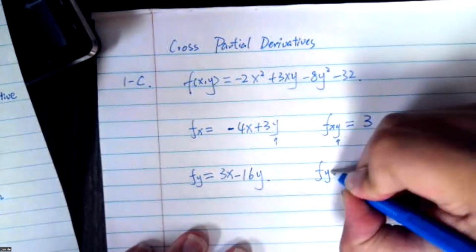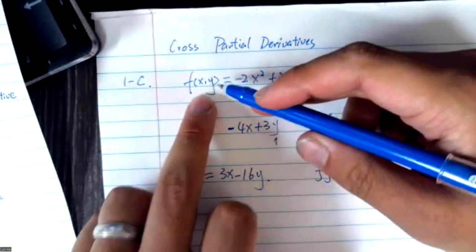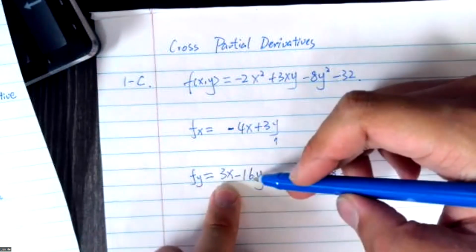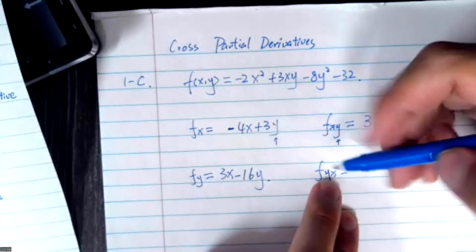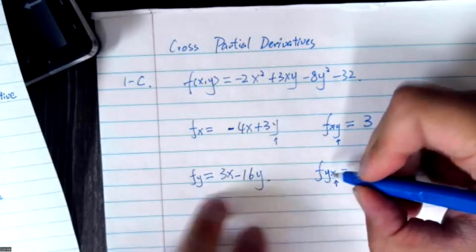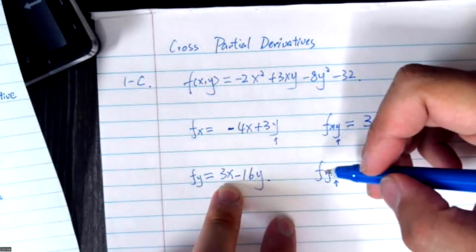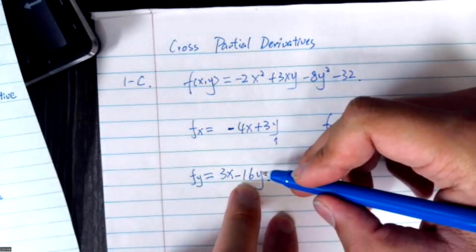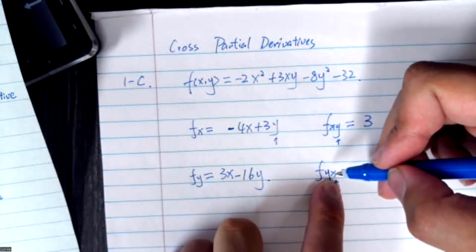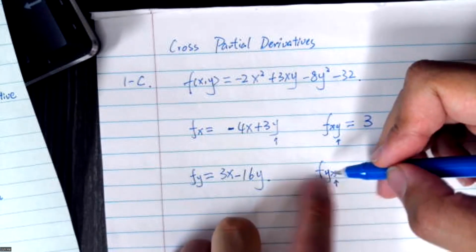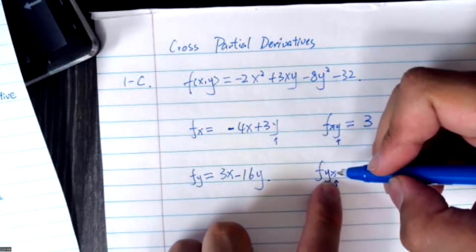And then f y x. You first take the partial derivative of this entire function with respect to y, and you have a new function, which is 3x minus 16y. Now you are taking the derivative with respect to x. The minus 16 times y term is irrelevant, because now only x and x-affiliated terms are your variable terms.